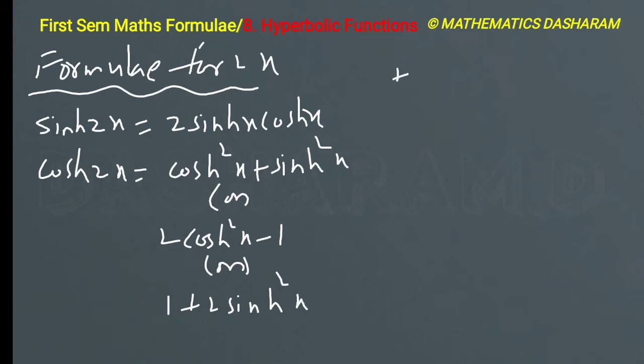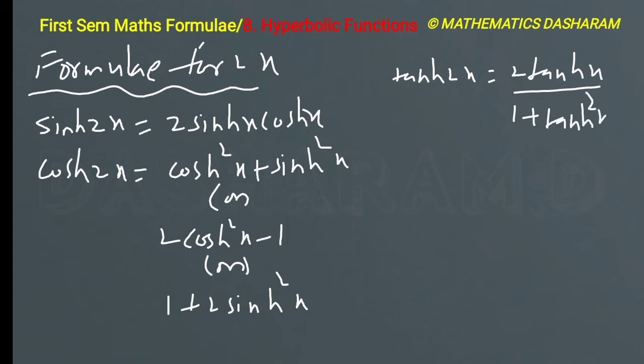Next, the third one is tanh 2x equals 2 tanh x divided by 1 plus tanh square x.